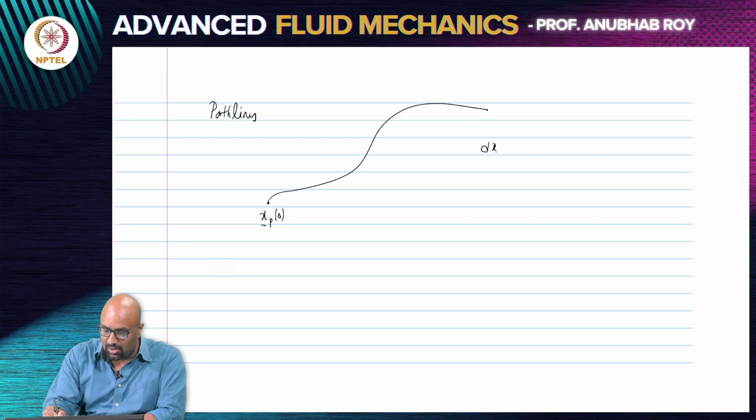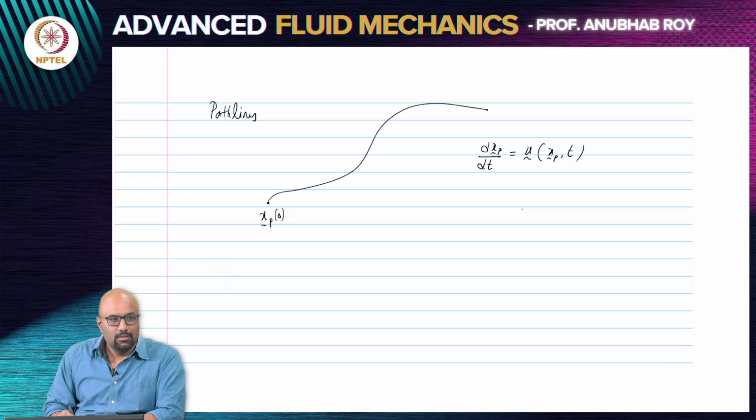So what we solved, if I put a label P to say that I am solving for the coordinate, we integrated these equations to find the trajectory of a fluid particle.